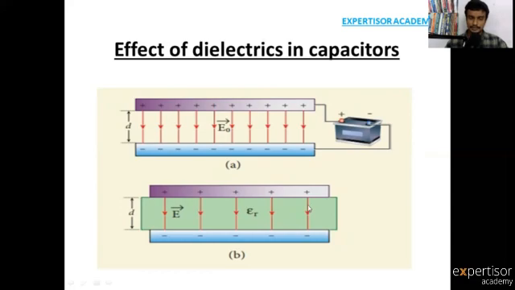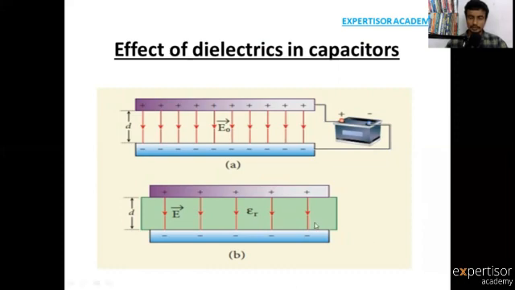When you insert the dielectrics, you should mention the permittivity, particularly the relative permittivity. Permittivity is the ratio of electric flux density divided by electric field strength.